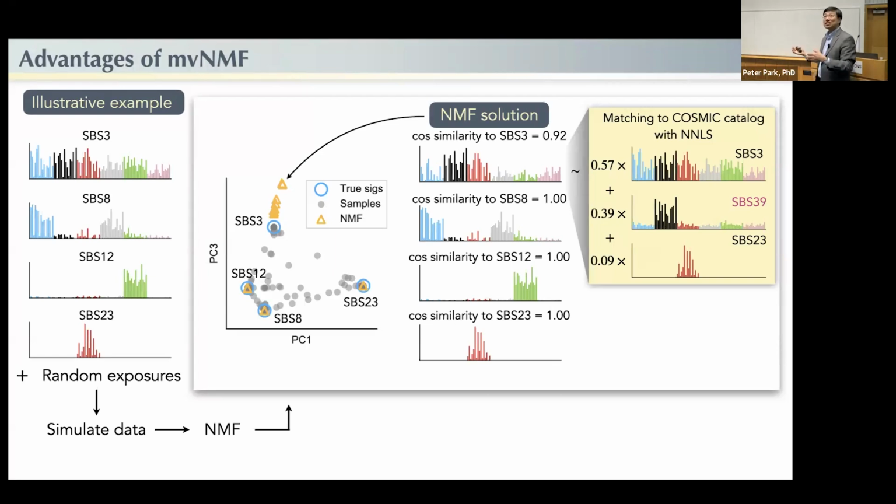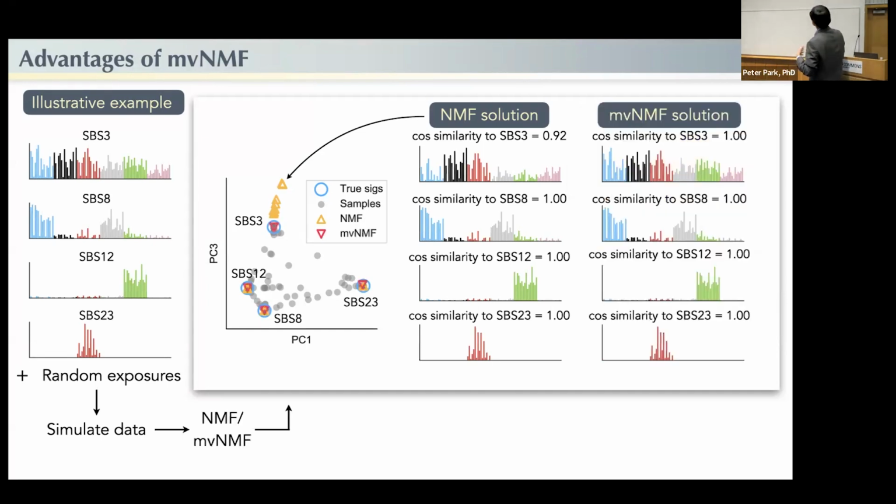So this 39 just got into this catalog by the fact that this matrix process is not perfect. And so we can try to solve this using this other approach, and you actually don't have that problem. The bigger point that I'm trying to convey is that this process of matrix inversion is not perfect, and you can introduce errors, right?